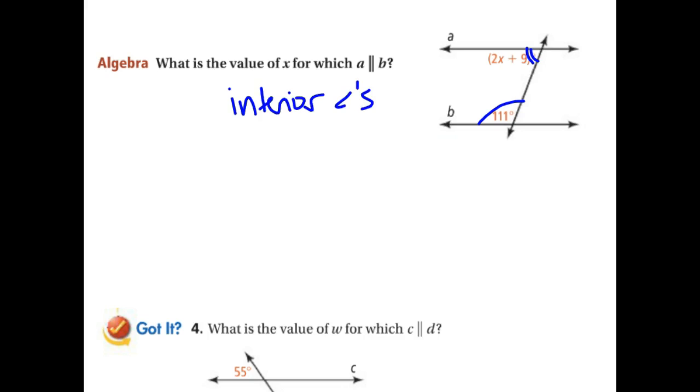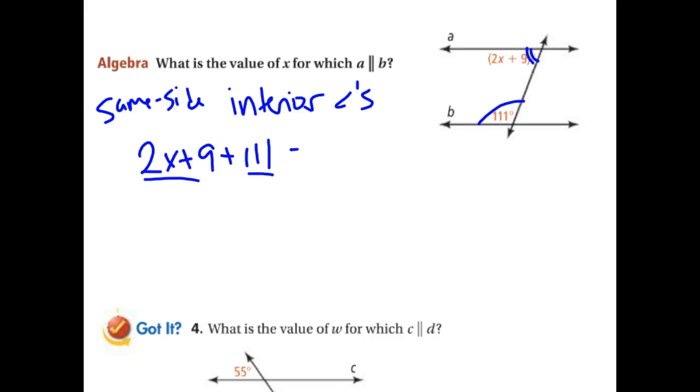And they're on the same side, not alternate, so they're same side interior angles. And same side interior angles, starts with an S, are supplementary. So I know that together those two should make 180. So I can take their angle measures, add them up, set it equal to 180, and solve for x. So that's what I'm going to do.